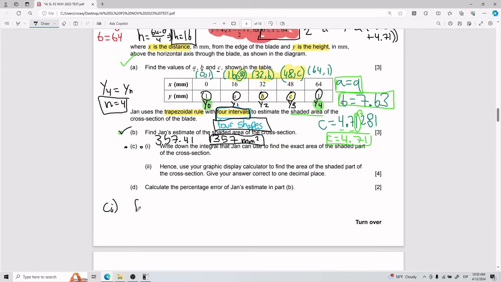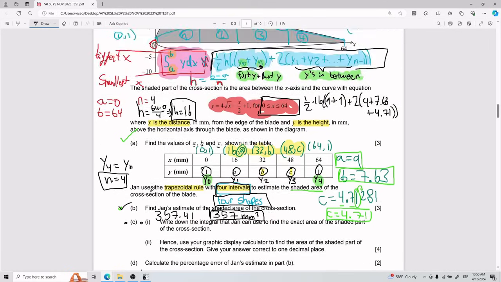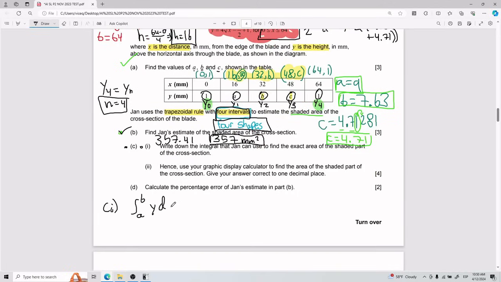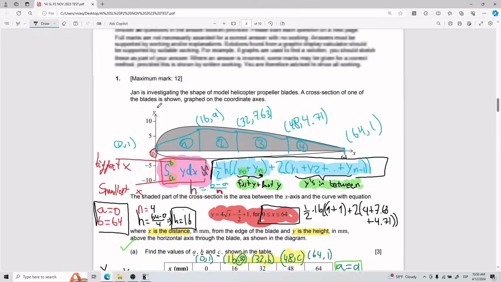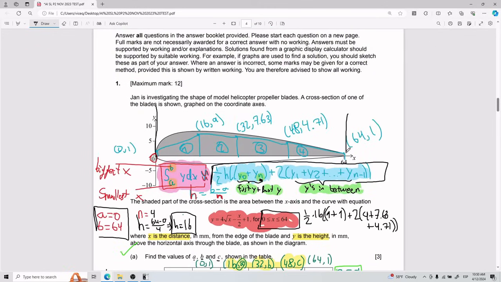If you write down part C, part I, technically the first step is that you put A and B, so from A to B, of y dx. Now, if you plug in piece by piece to get your full credit, it goes from 0 to 64. Let's remember that those are my x values, 0 to 64.